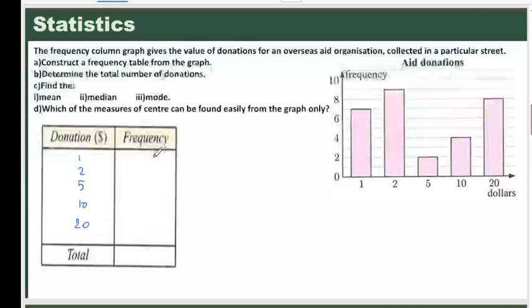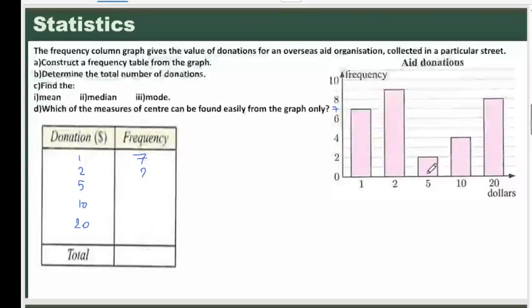For frequency, how many people gave us $1? If we look here, it would be 7. How many gave $2? 9.